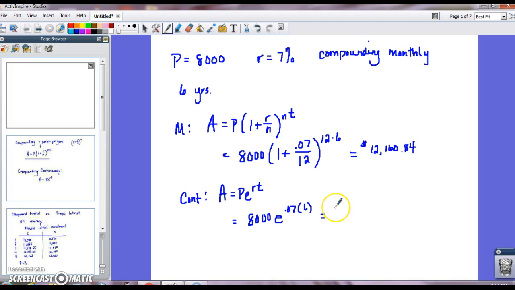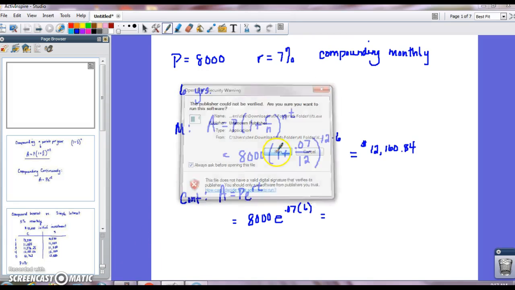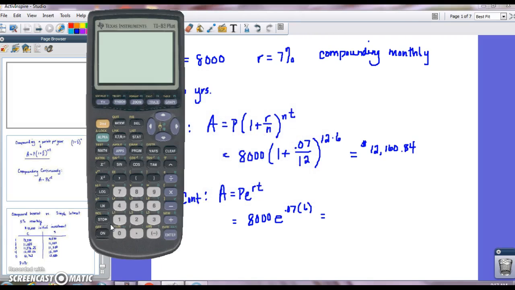Let me pull up my calculator. Hang on, let me show you how you would do that in your calculator. E is up here. So if I do 0.07 times 6, it gives me 0.42, in case you weren't sure about that.